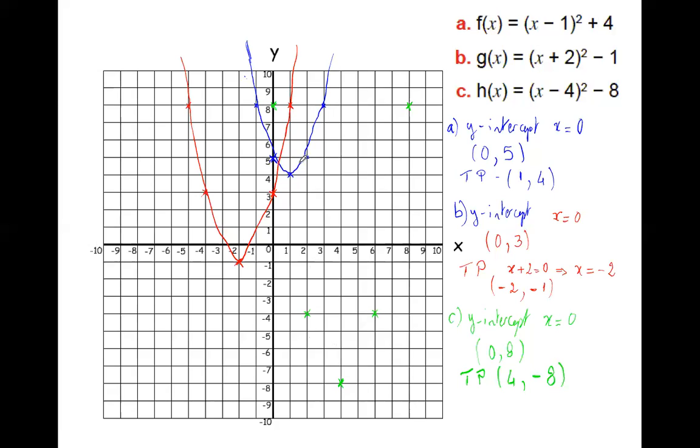So I've got enough points here to be able to draw this. Okay, so I've done my best, not being on a paper. So that's how you would draw these 3.